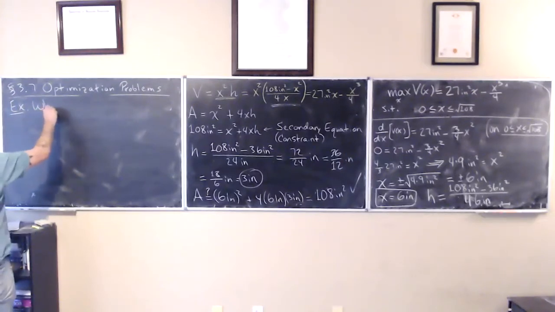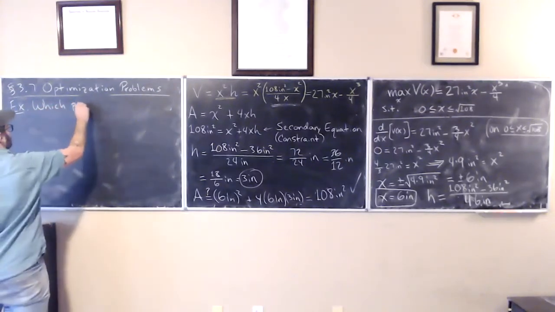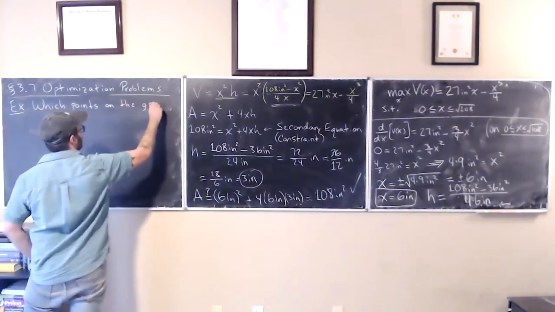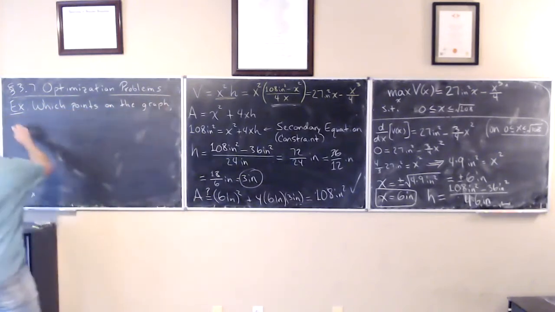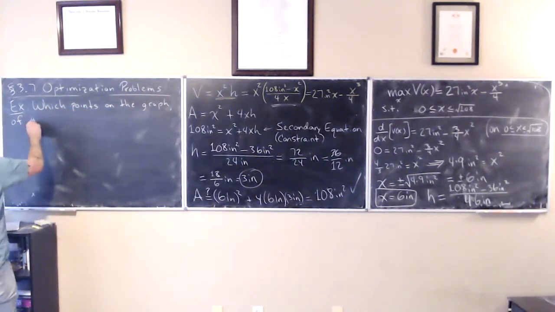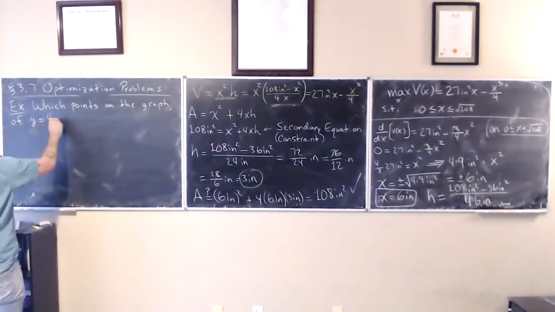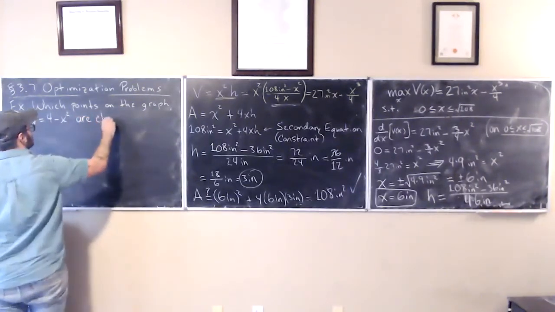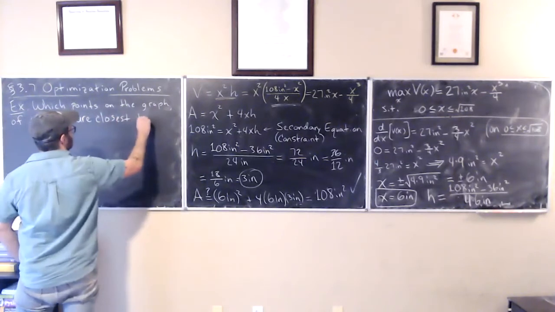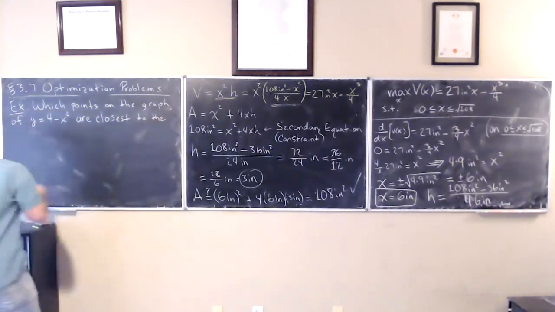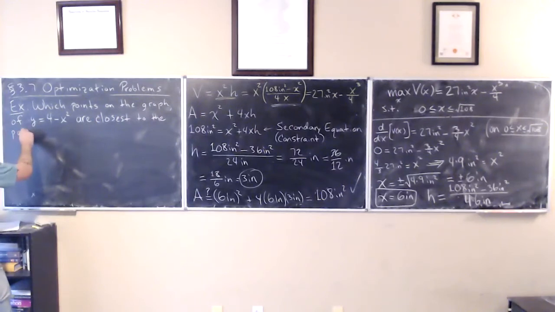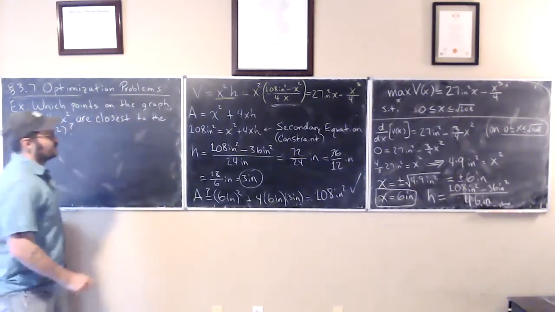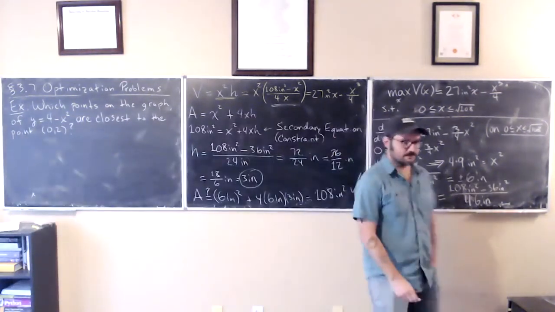So the question again was, which points on the graph of y is equal to 4 minus x squared are closest to the point (0, 2)?